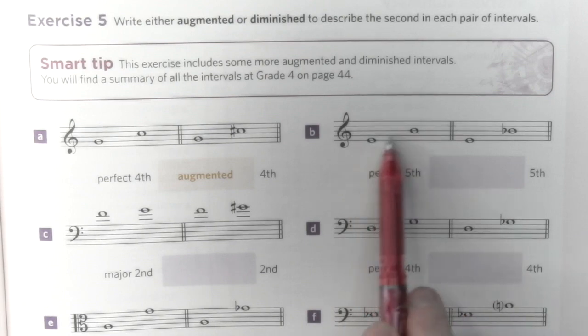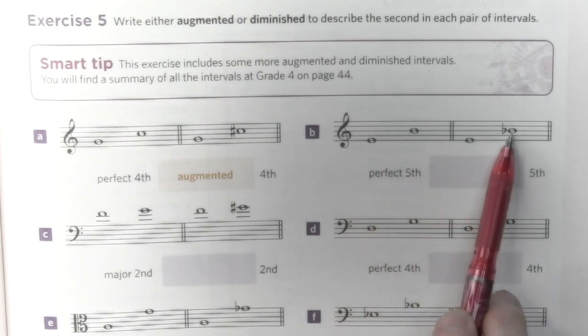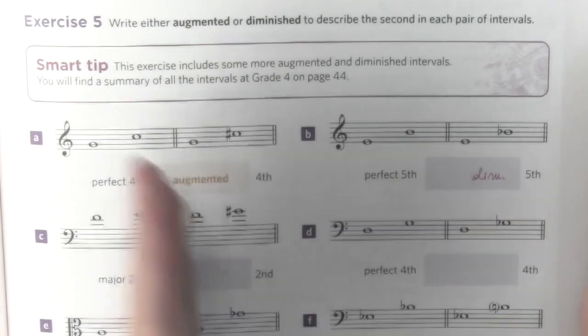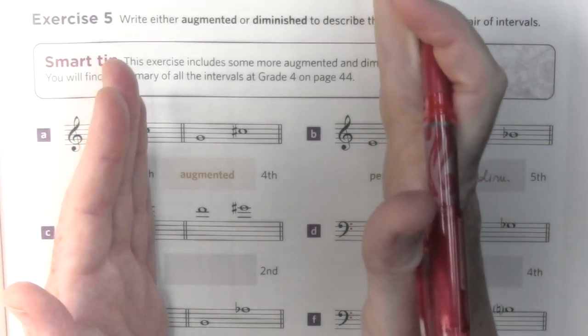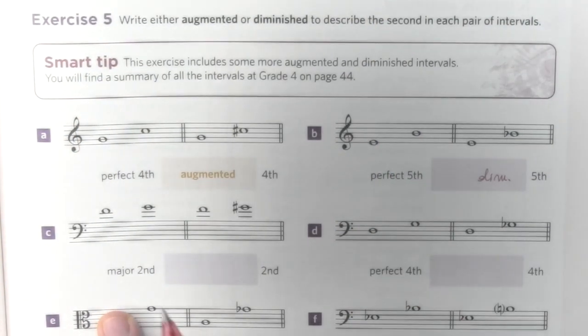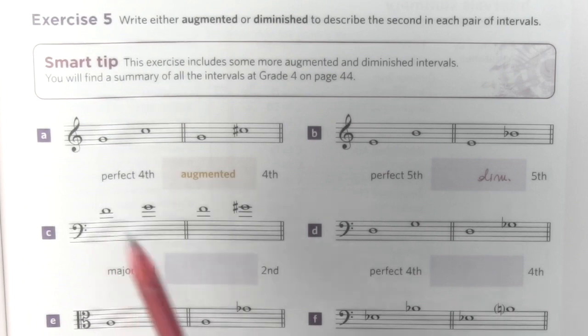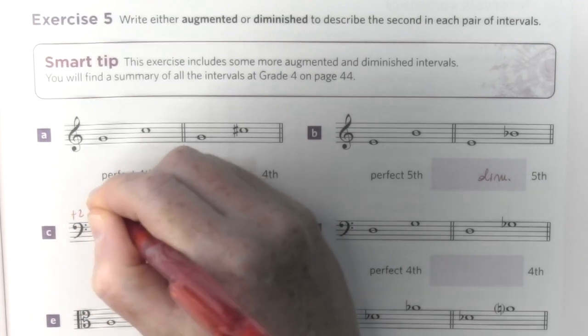Okay, so mi-si is a perfect fifth. If we put a flat on the second note, we make it diminished because we reduce the distance from this to the flat. This is fa, okay, re plus 2. So sol, la, si, do, re in the treble clef plus 2, fa.